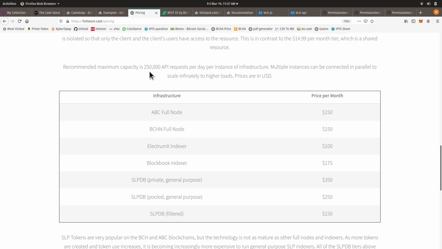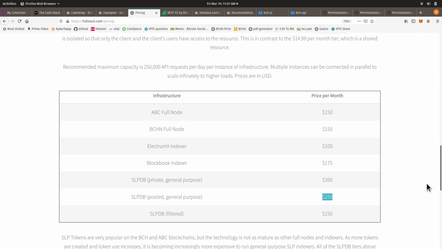One stack costs roughly about $550 a month, where it's a full node, an Electrum X indexer, and it's in one of the pooled SLPDB instances. That comes out to about $550 a month, plus running BCH API, which I don't have listed here. That's essentially what makes up the cache stack.